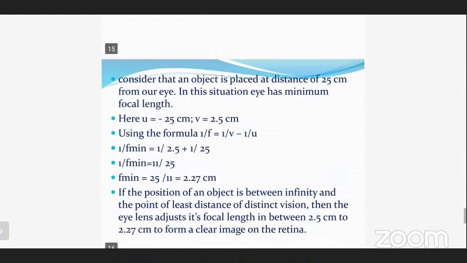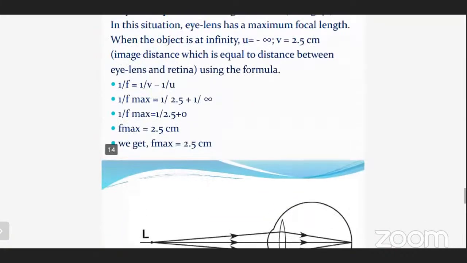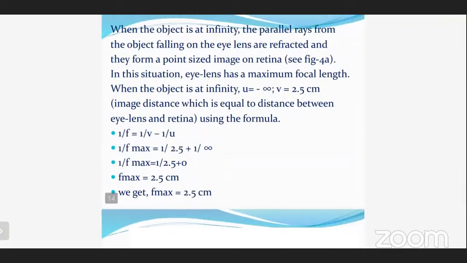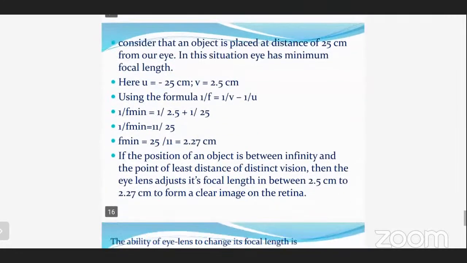Understand? Compare both of them. The first one is the maximum focal length and the second one is the minimum focal length. When we take the maximum focal length, the image distance v is 2.5 centimeter, u is infinity. When we go for the minimum focal length, u is 25 centimeter, v is 2.5 centimeter.